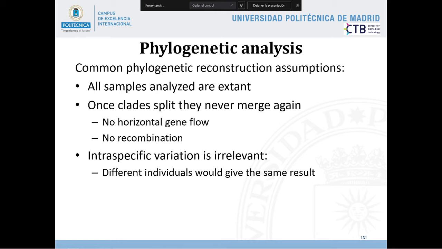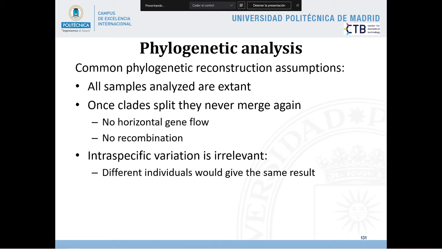So you can build a phylogenetic tree even when these assumptions are not met. The assumptions are that all of the samples exist, and about clades. Well, we haven't talked about clades. Clades are not exactly the same thing as taxons, but more or less they are like the branches in the trees. A branch is a branch, and it never merges again with another branch, okay?